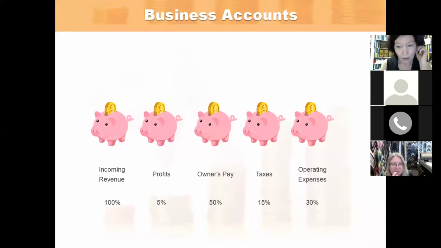Boy, this is complicated. So what is the process by which incoming revenue comes in here to the first cookie jar, and then your owner's pay goes into a savings account, but then all of that immediately goes into your personal checking account? Yes. And so what you want to do is make it be an automatic payment to go from that savings account to your personal checking account.